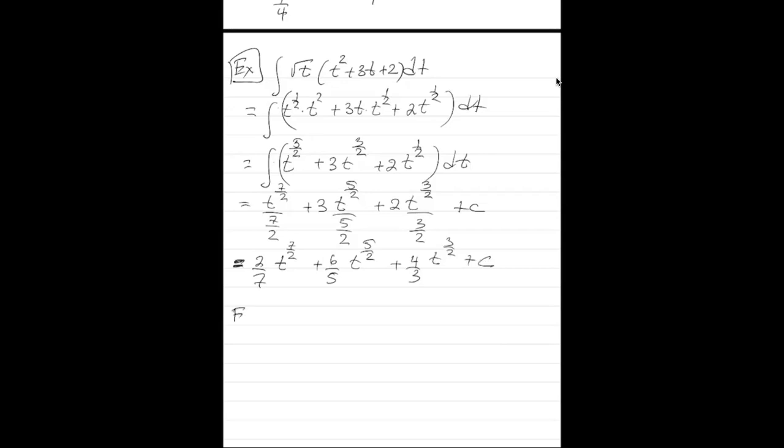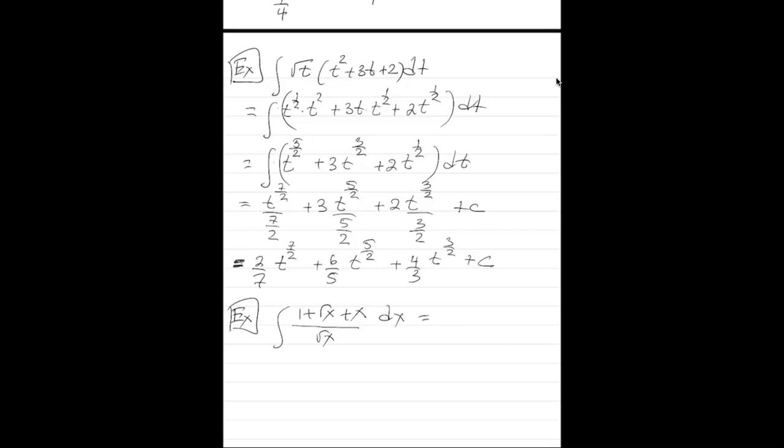Another example where we have to simplify the integrand first before we integrate is 1 plus square root of x plus x over square root of x dx. Again, we don't have a formula for integrating a quotient, so we need to write it as a sum or difference of power functions.